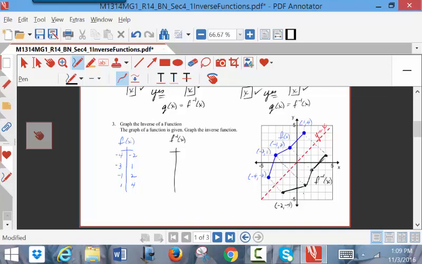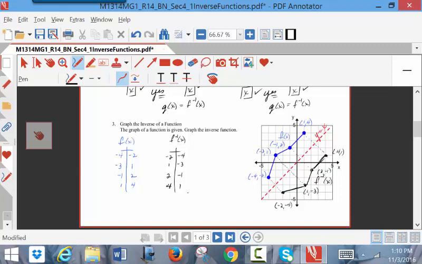Then I have (1, -3), then I have (2, -1), and then I have (4, 1). Okay, so let's put those in the table. So I have (-2, -4), then I have (1, -3), (2, -1), and (4, 1).